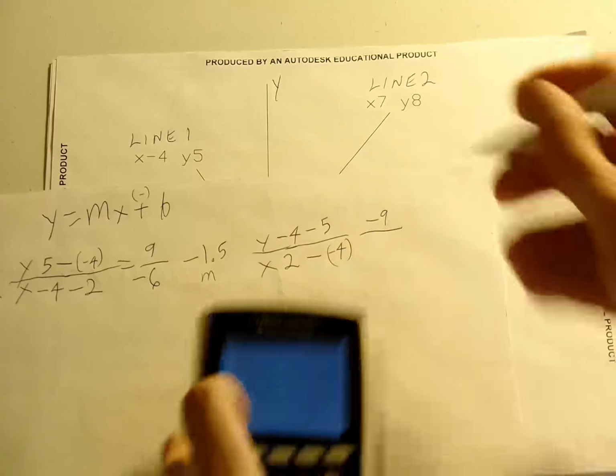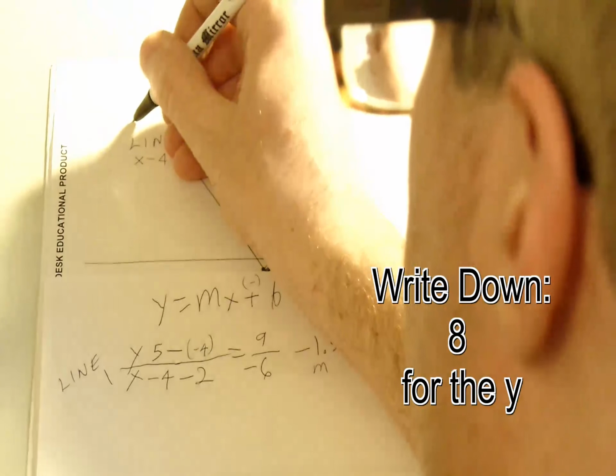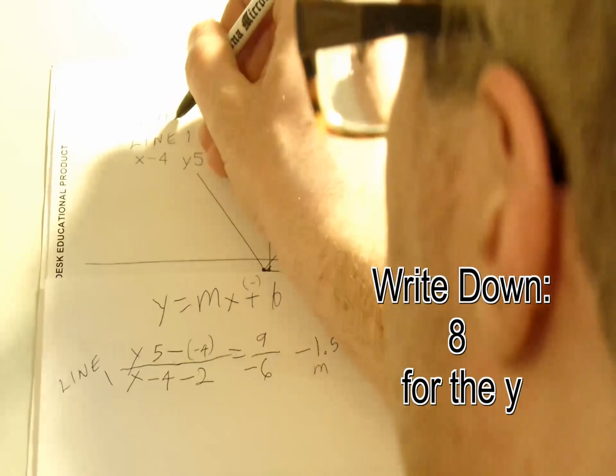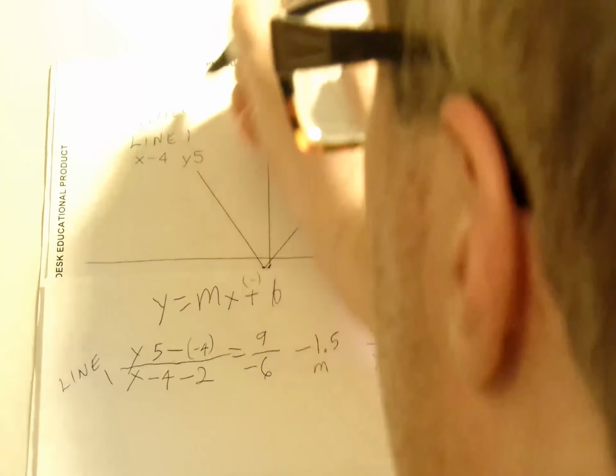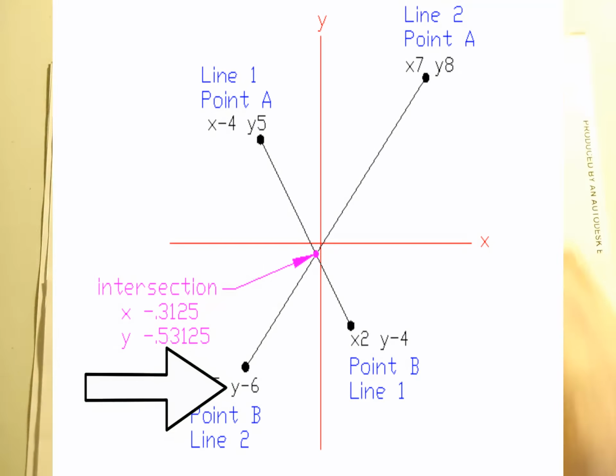Now let's work on line 2. Let's start at the top, point A. We have y 8. I'm going to write down the 8 for the y. And there at point B, we have a y of negative 6.